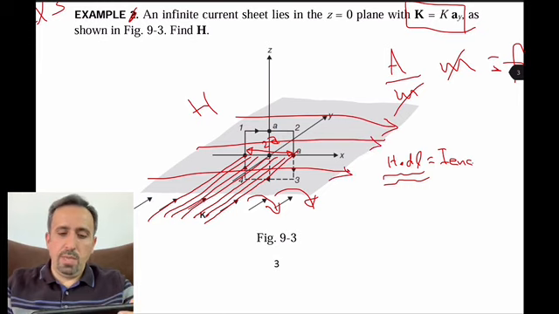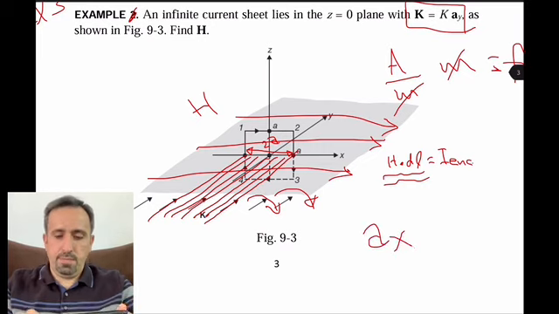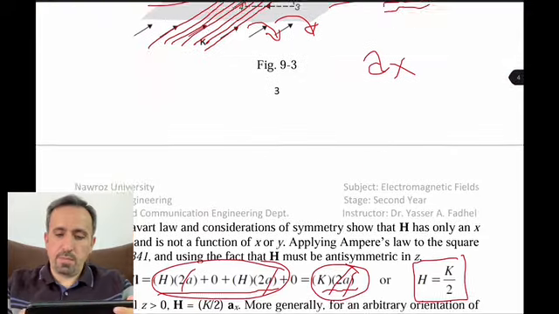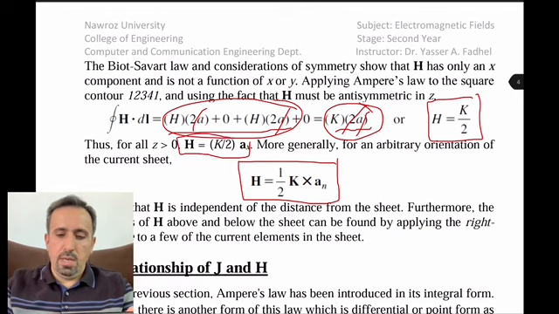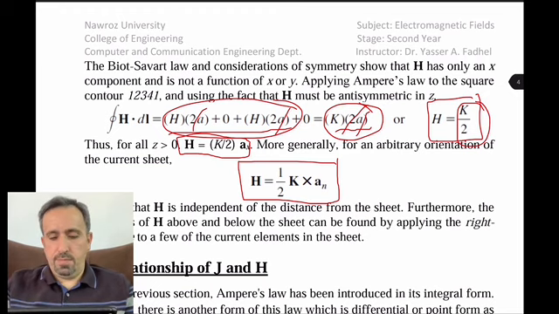So what will be the direction of the magnetic field intensity? The direction will be AX. For that reason, as typed here, maybe not very clear, it is as we said, K over 2 AX.